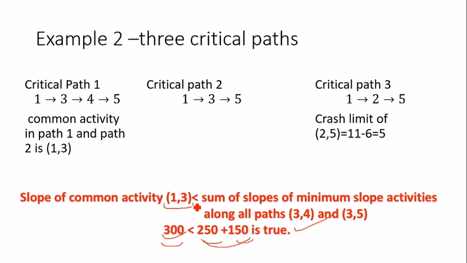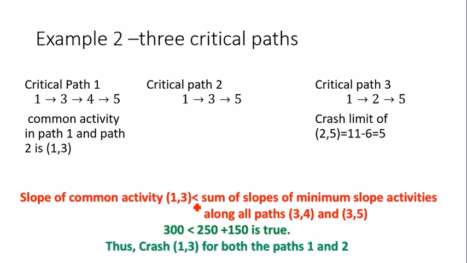This was the exception I was talking about. The first situation arose at the previous step, where more than one path is critical. But at that time we did not discuss this because there was no intersection among those paths. When paths arise which have common activities in them, we have to take decisions like this: we try to compress the common activities, because if the mathematical calculation saves our cost, we decide accordingly.